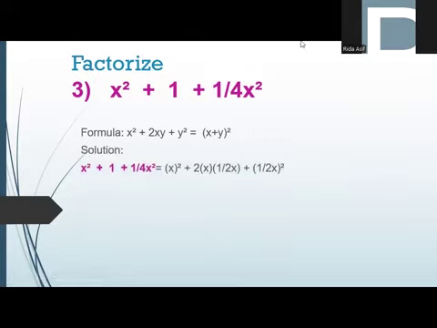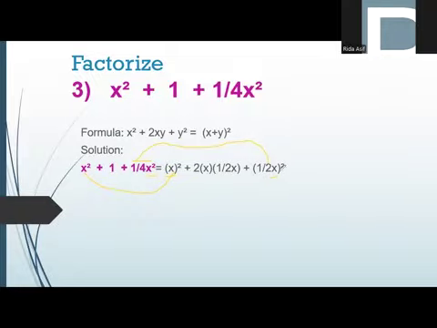In this question, we can see that x square is a square of x. 1 upon 4 is a square of 1 upon 2, and x square is there, so x is right.